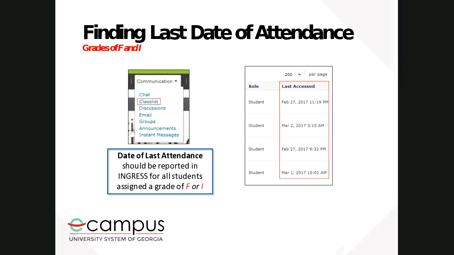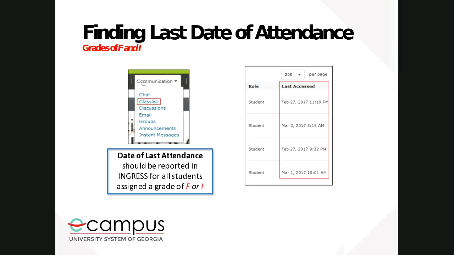Okay, and another item we need to talk about is finding the last date of attendance. If you're in a USG school, you probably are doing this already, so you're already familiar with this, but let me go through this. Let's say that a student has an F, and the requirement is that along with the letter F, you need to supply the last date of attendance.